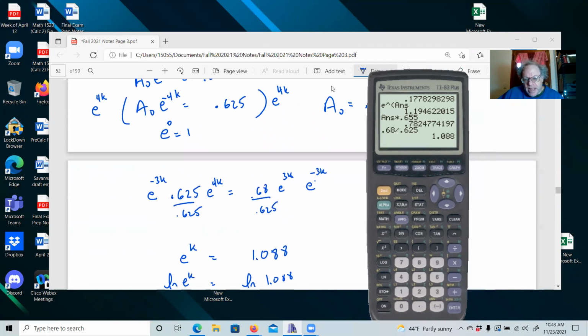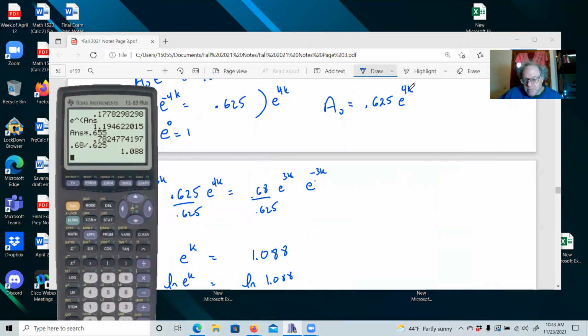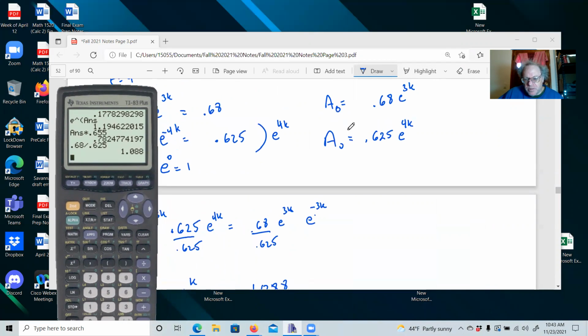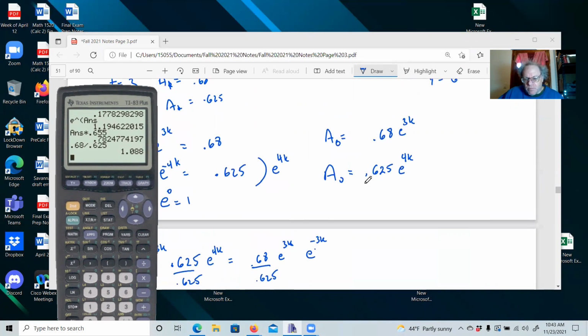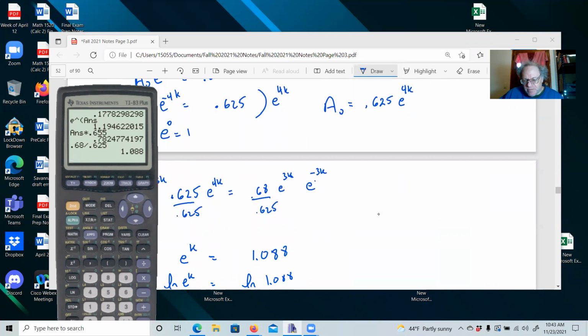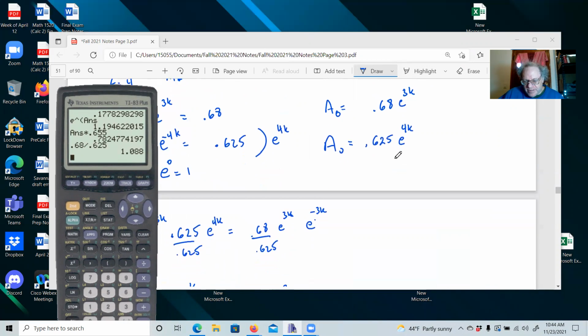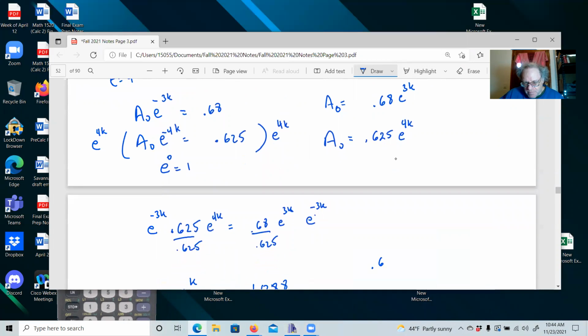Pick any of the two equations you want here. How about we pick this one? So we have 0.68 e to the 3k is equal to a sub 0.